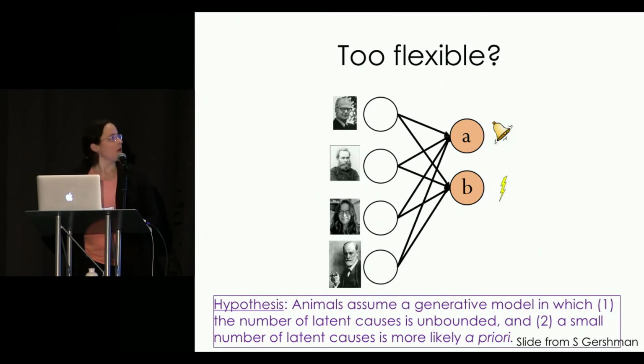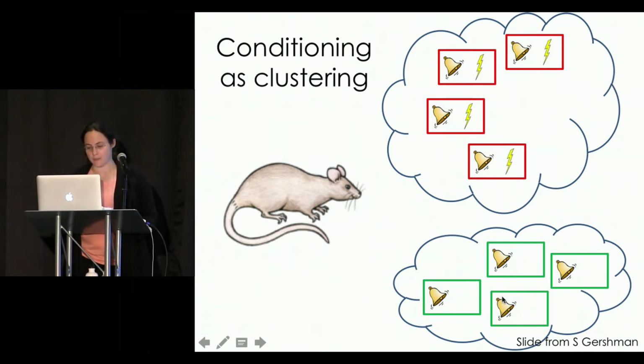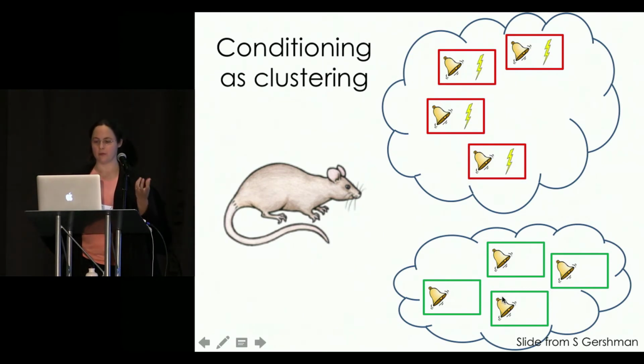Okay, so if the animal experiences shocks with the tone in this red context a lot, and the tone without shock in this green context a lot, the animal might come to cluster them together and learn that the state representation that's valid in this case is linked to those clusters.